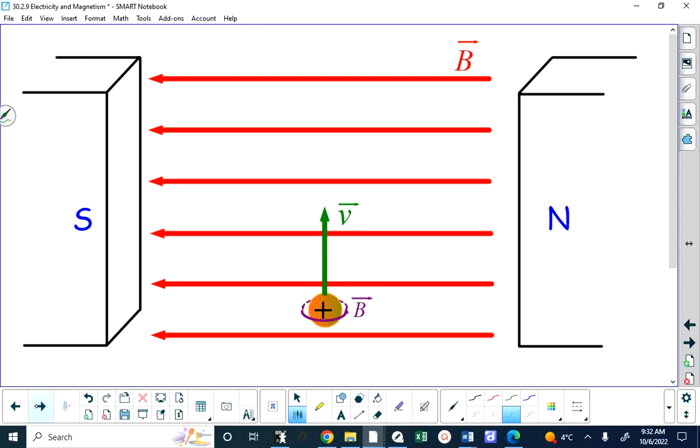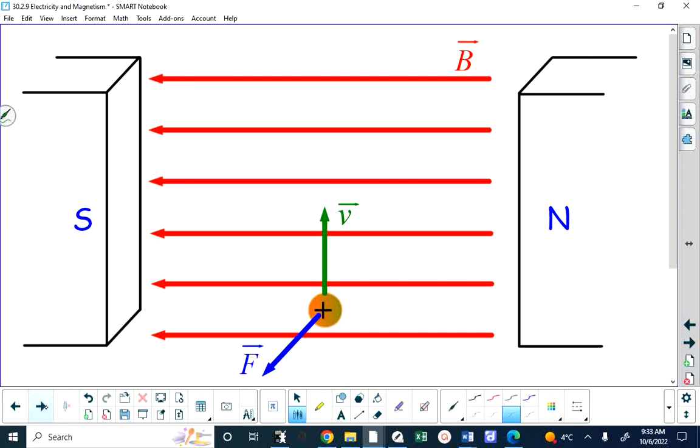The bottom line is the magnetic force on this particle is out of the page, and when you determine the magnetic force direction, you don't worry about the negative or about the circular magnetic field. The only reason I put this in here at this point is to explain to you where the force comes from. But in determining the direction of that magnetic force, you don't even look at that. You just use the right-hand rule.